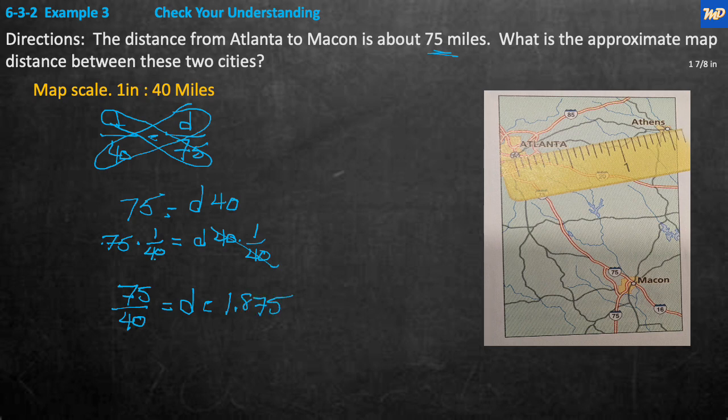And now if we convert that to inches and fractional inches, according to our scale, our ruler or whatever we're measuring with here, D the distance is equal to 1 7/8 inches. Okay? 1 7/8.